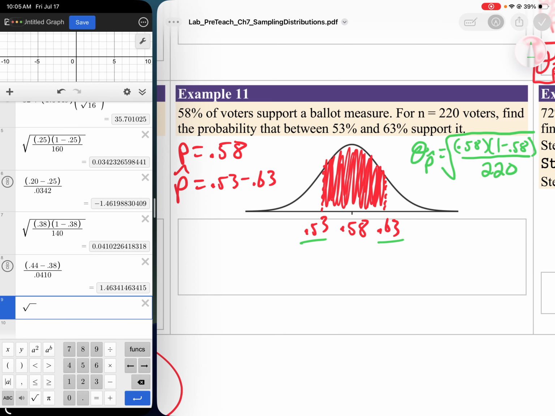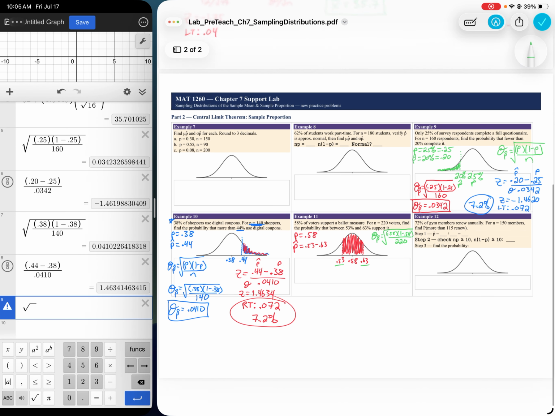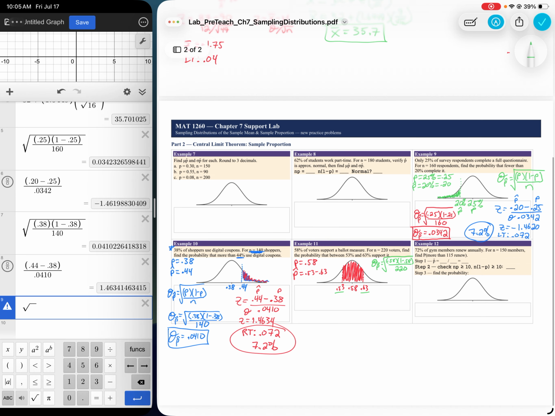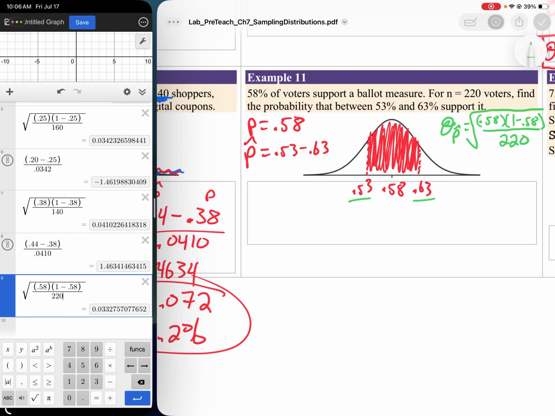So the square root of the population proportion times 1 minus the population proportion divided by the sample size. And that will be the standard deviation we can use throughout this problem.